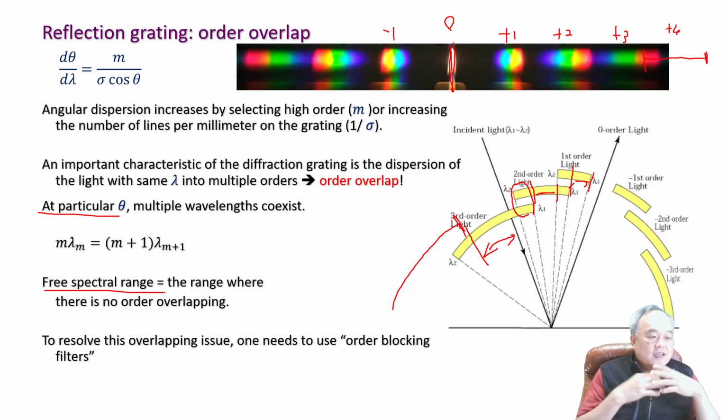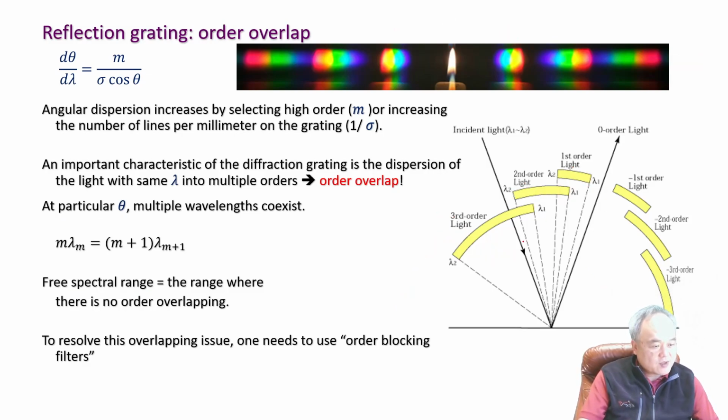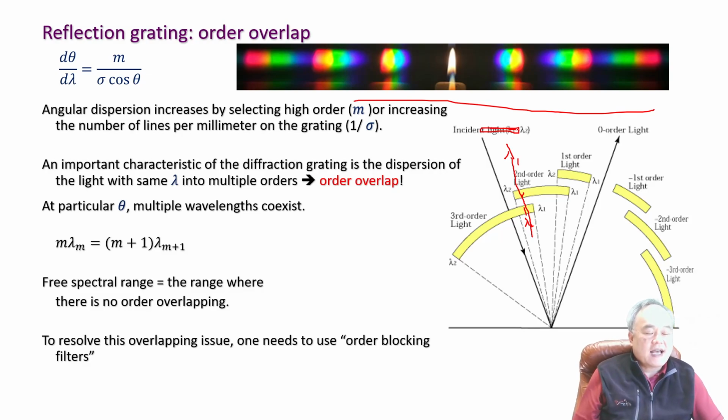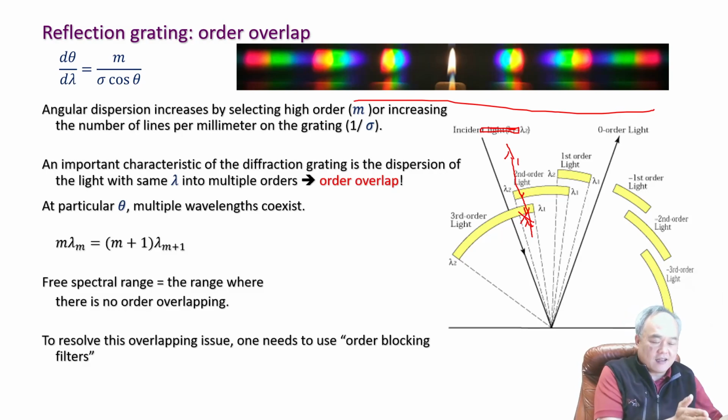So in practice, what we do, in the overlapped order location, such as where this particular light is lambda 1 and another light is lambda 2, is this: before projecting all this dispersed light onto the screen, we put a special filter, such as a high pass filter or low pass filter, blocking the wavelength of light at or below the green light, for example.